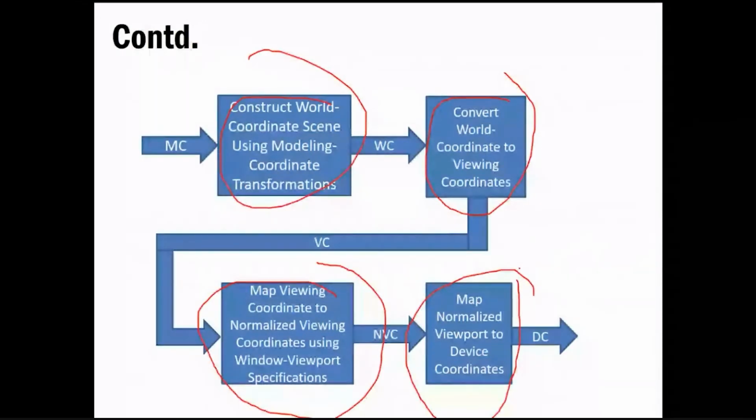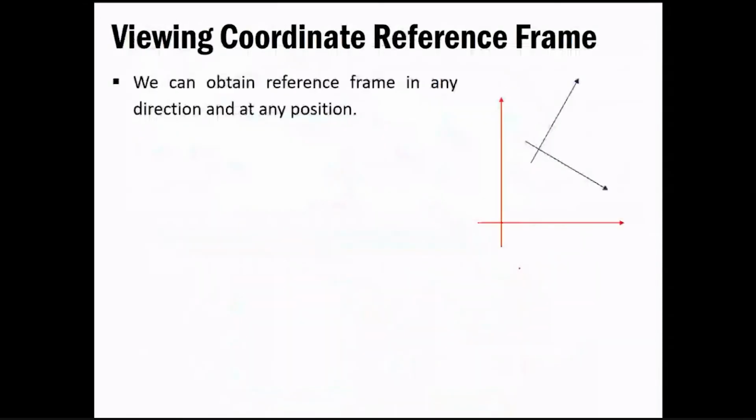Okay, fine. So now here we have one simple thing that is given to us. The same thing that we have seen is given over here. So that is what it says, viewing coordinate reference frame. How can we obtain it? We can obtain the reference frame in any direction and at any position.